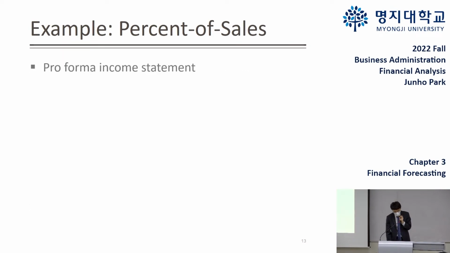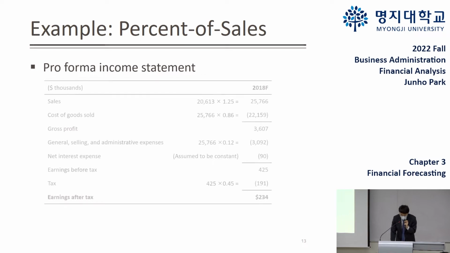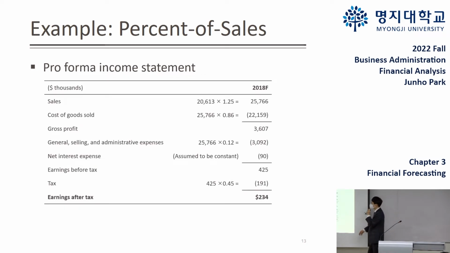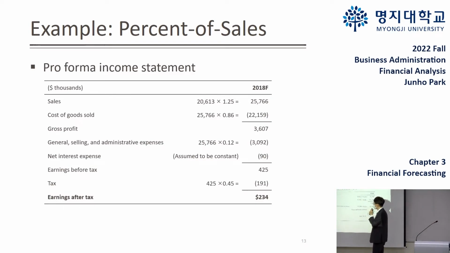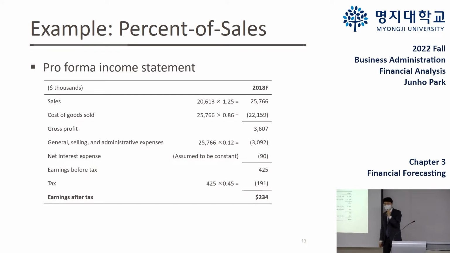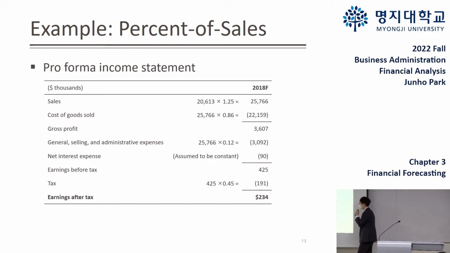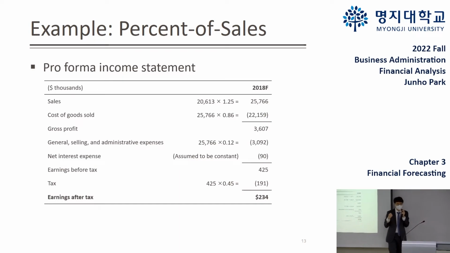Anyway, now we know the ratios. Now we know the percentages of the sales, and then we can start from the income statement. The pro forma income statement will start from the sales, and because in 2017 the sales was 2,613, and because the firm believes that it will have a 25% increase in its sales, we can calculate its predicted sales in 2018 as 25,766.